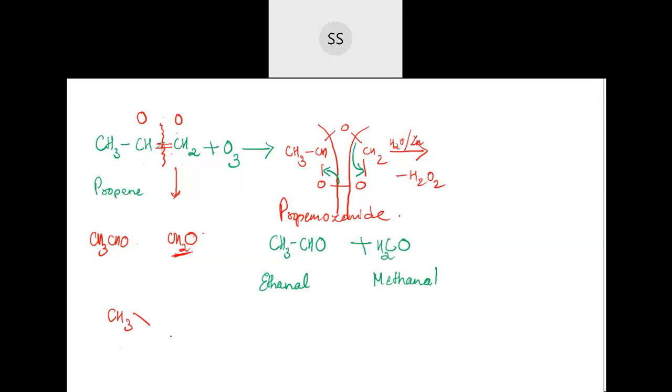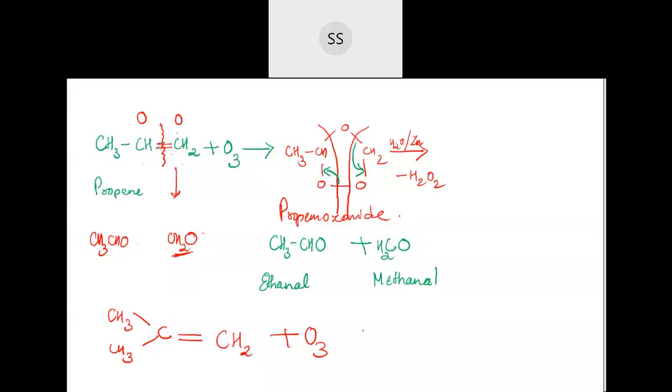Now easily you can tell. See the compound and directly tell me without doing anything. You don't have to break actually. If you have understood now what you have to do, across the double bond, you should break them down, add one oxygen on one carbon, one oxygen on the other carbon, and see what is the compound. What are the two products you are getting here?